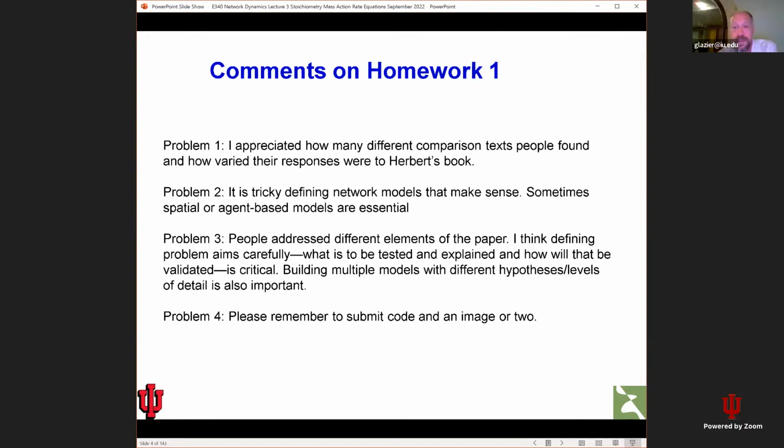But in some cases, there were, I'd say, two things that came up. One of which was asking the question, is a network model appropriate or not? And so in some cases, people had great problems, but spatial relationships were very important. Individuals were important.